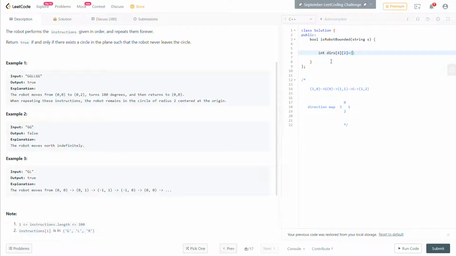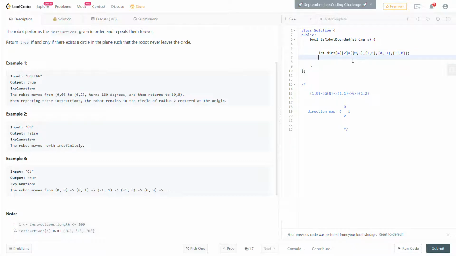So 0, 1, 1, 0, 0, -1, and -1, 0, and these are the 4 traversable directions.